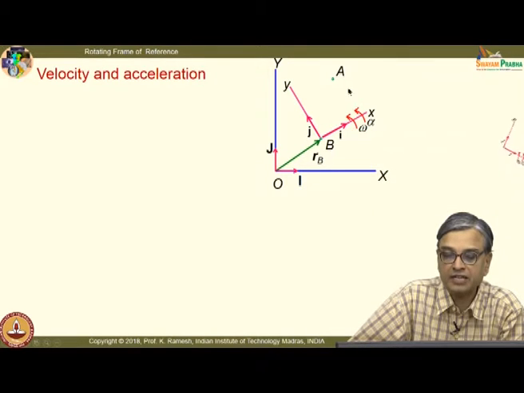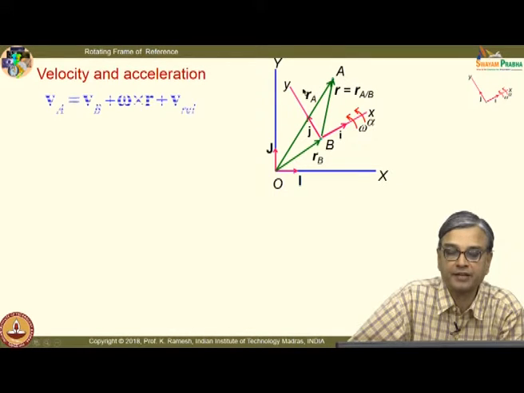We have also looked at how the rotating frame of reference can have a rotation like this, and we view the point A from a rotating frame of reference. I have not specified any specific requirement here. We have the position vector r, and we also have the position vector r_e.